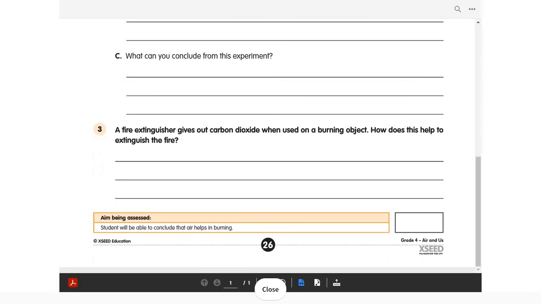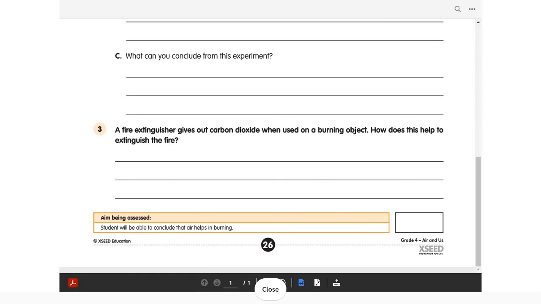Last question. A fire extinguisher gives out carbon dioxide when used on a burning object. How does this help to extinguish the fire?